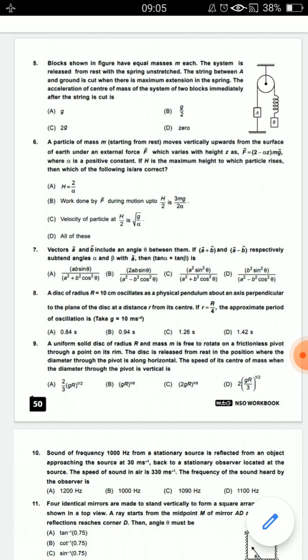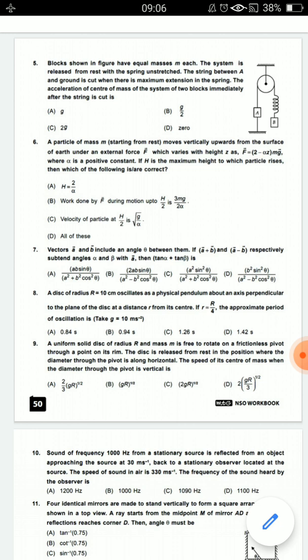There is a uniform solid disc which has a radius R, and the mass of this solid disc is m. It is free to rotate about the rim. Whenever the disc is released from rest, the initial position is where the diameter through the pivot is horizontal.